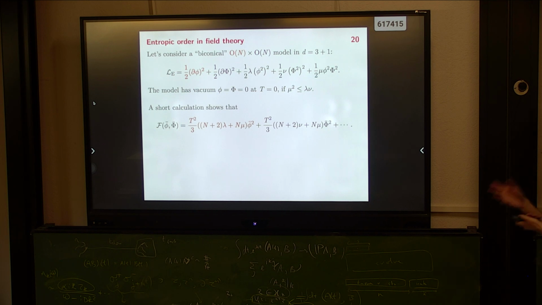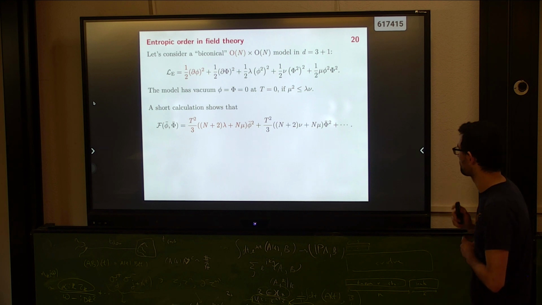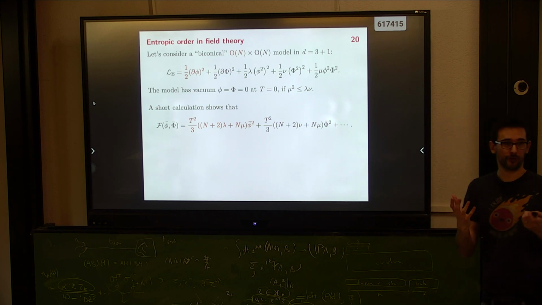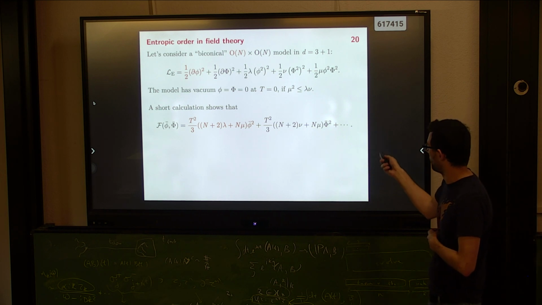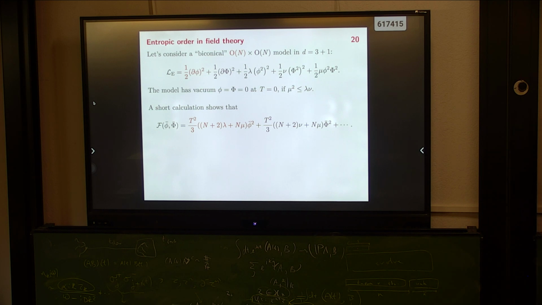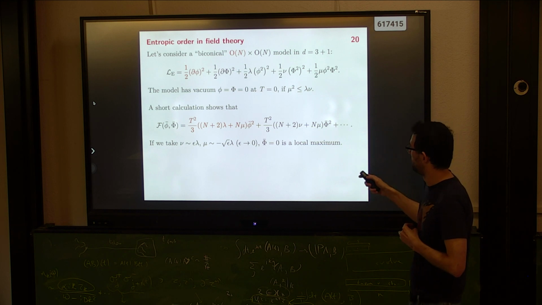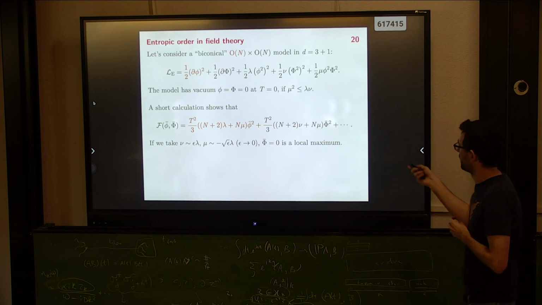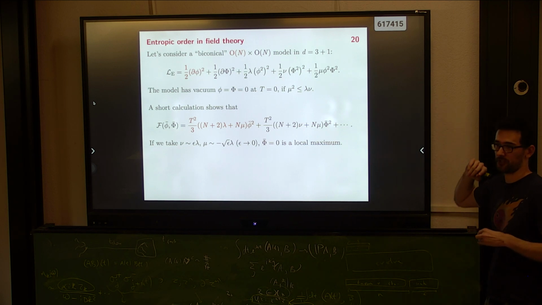A short calculation shows that this one-loop effective free energy looks like this. Effectively, thermal fluctuations induce a mass for each of our fields. But because we have two fields, we need to think about the sign of this mass. Is it positive or negative? If you think about a limit where nu is very small, mu is like the square root of nu and negative, then this purple coefficient could be negative while the original Lagrangian is stable.